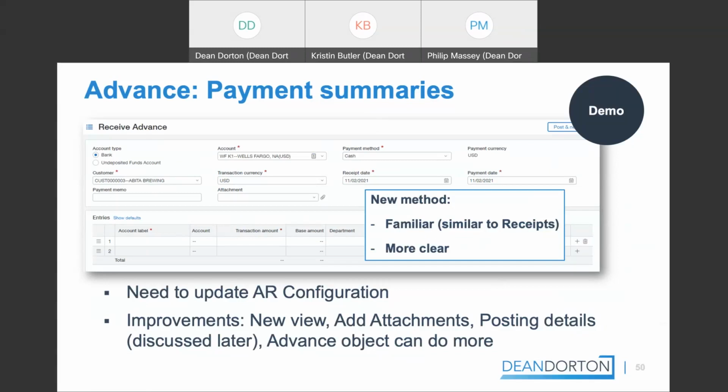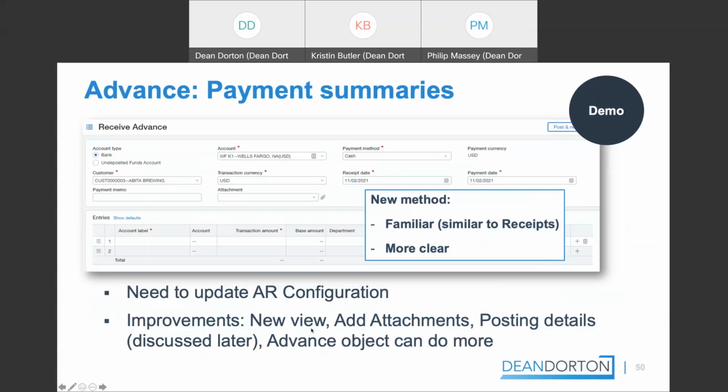You do need to go through your AR configuration and just make sure that's up to date and that it is set to use the new payment summaries for advance. But it is a great thing to do, so I absolutely would advocate that everyone go out and do this, even if you don't take advance payments that often. It's a really good thing to do.